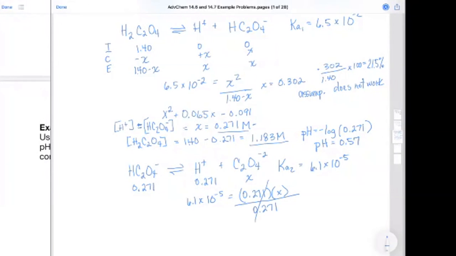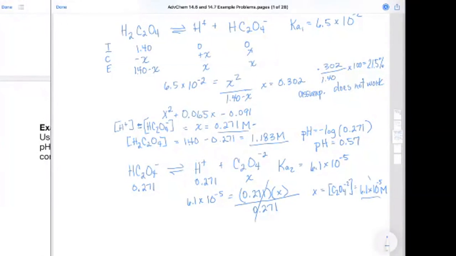Mathematically, the 0.271s cancel each other out, and you're left with an X, which is also the C2O4, remember, and that is 6.1 times 10 to the negative fifth.